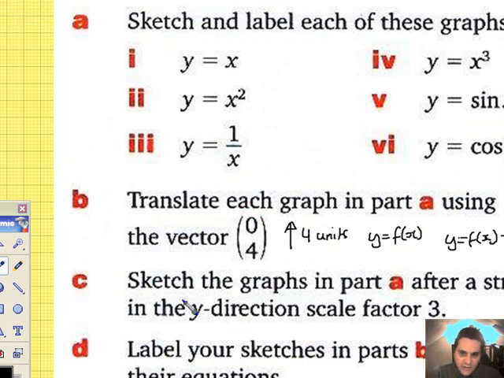And for each of these graphs, I've then got to sketch each one, and then I've got to stretch it in the y direction by scale factor 3.